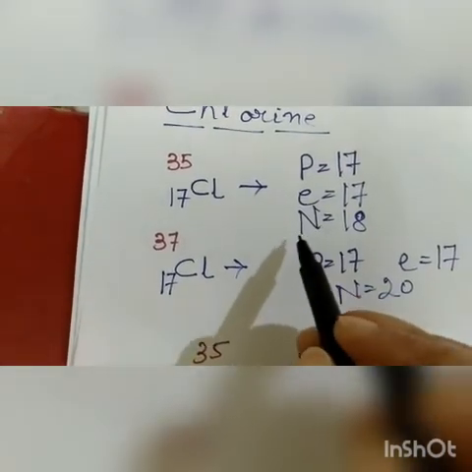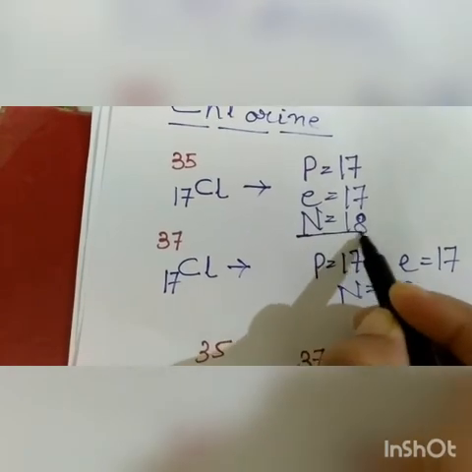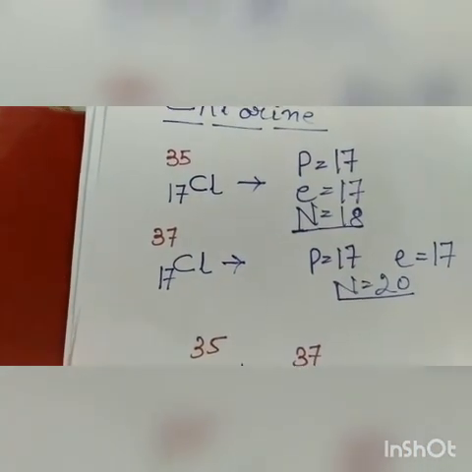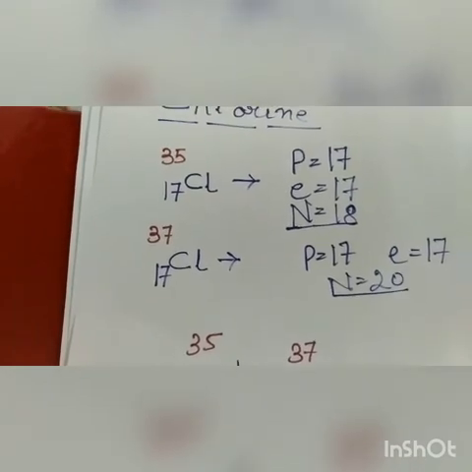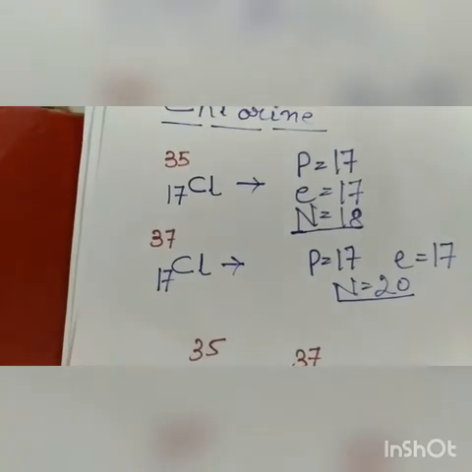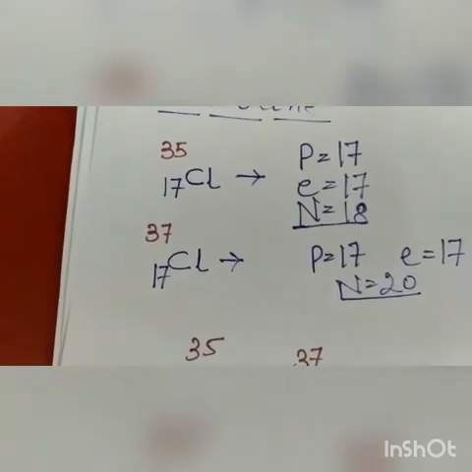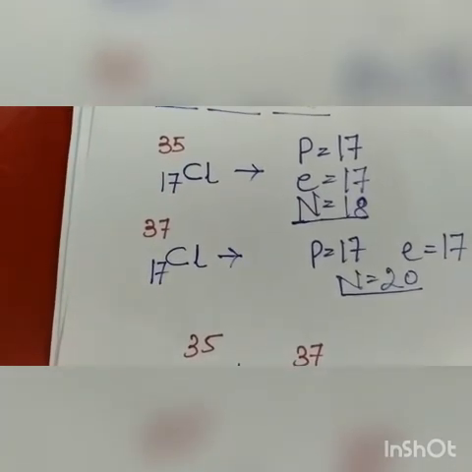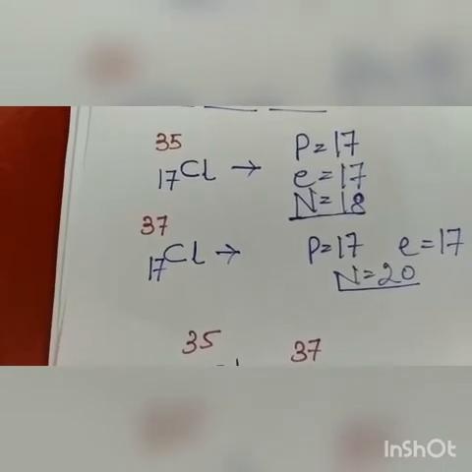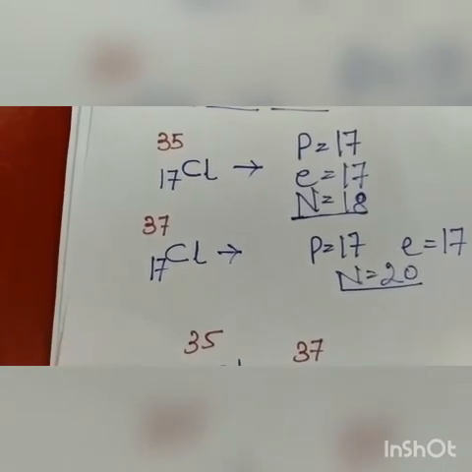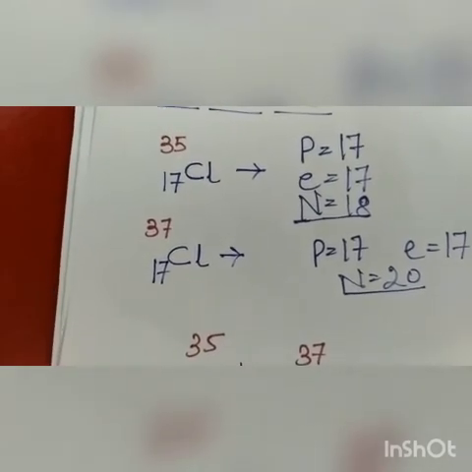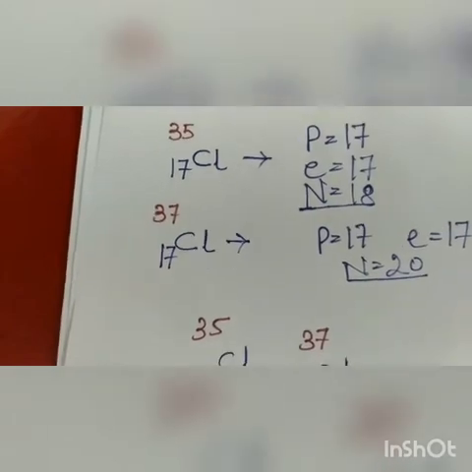So in isotopes, the number of neutrons differs. Now the question is that these 2 isotopes have 2 different atomic masses. Which atomic mass should be taken into consideration for chlorine? How to decide that? In that case, the average atomic mass of the isotopes is taken.